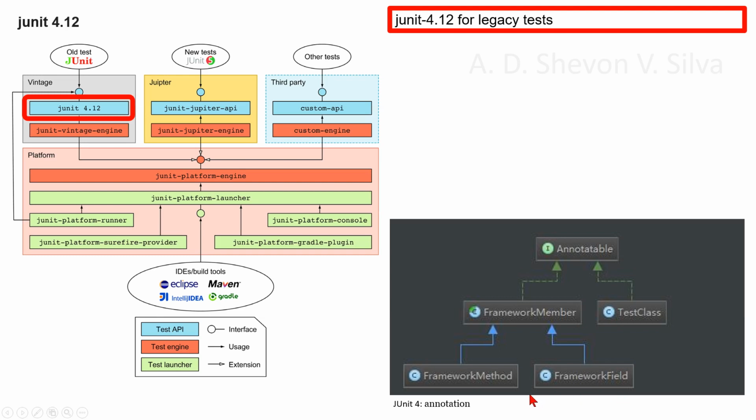JUnit uses FrameworkField and FrameworkMethod which inherit from FrameworkMember. FrameworkField maintains a private object of class Field which is used in reflection. So does FrameworkMethod.